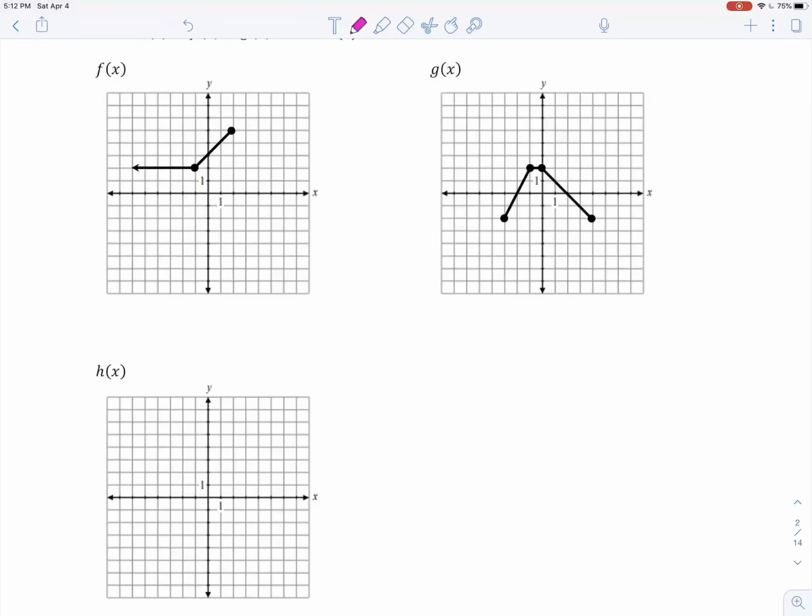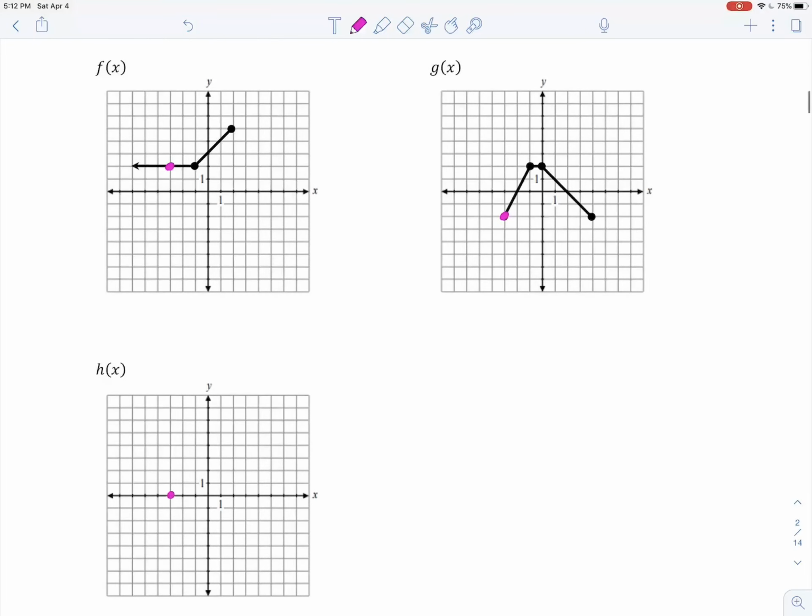We still add these as we did previously, point by point, looking at what happens when x is -3, taking those values and doing something with them. -2 plus 2 is, oh, that's 0. Cute. Next one over. That and that. That, oh, my pen's on super thick.